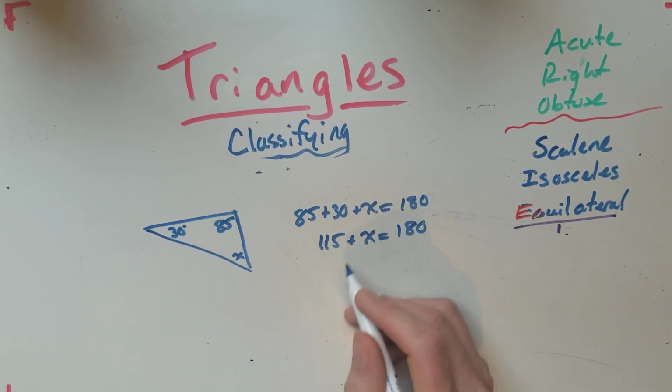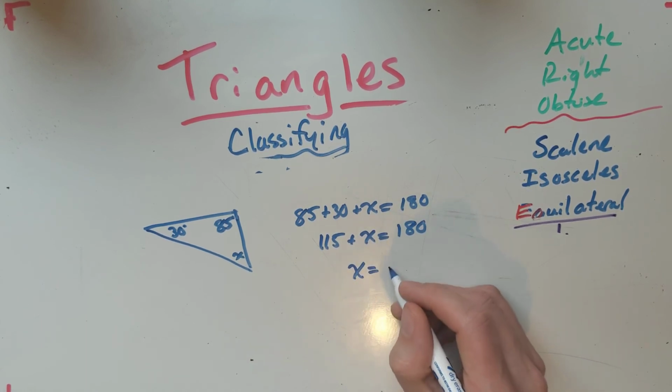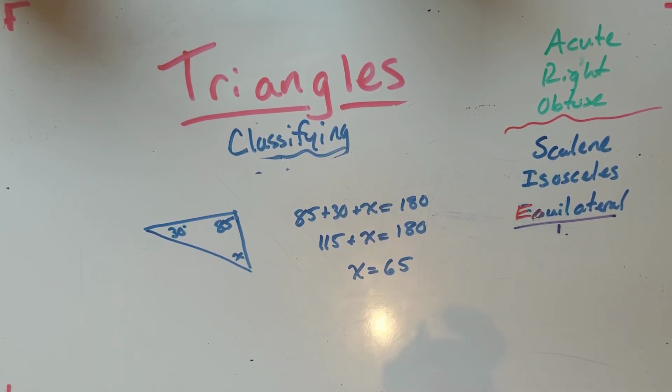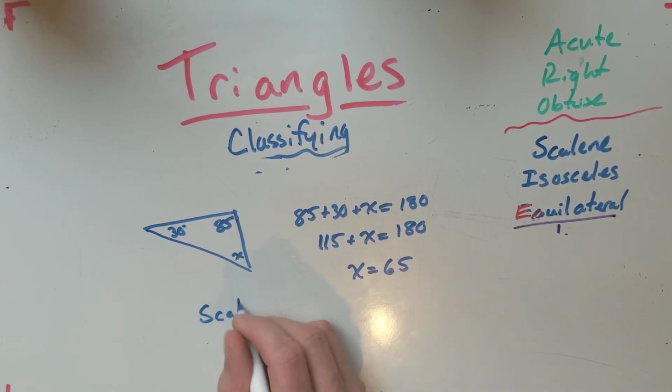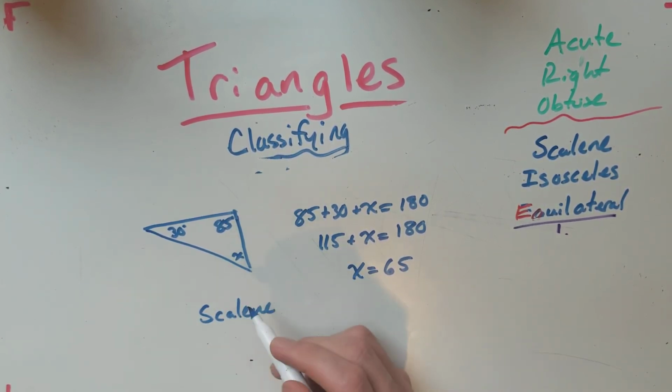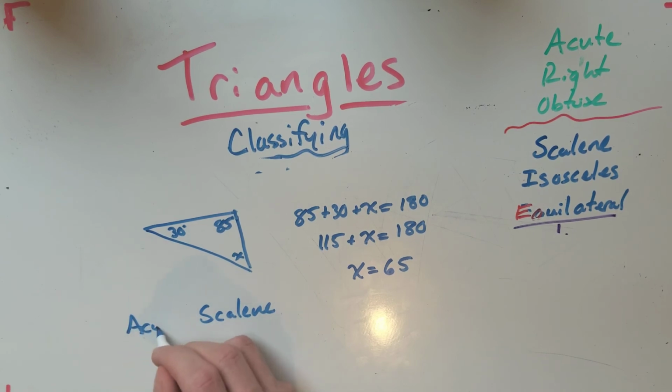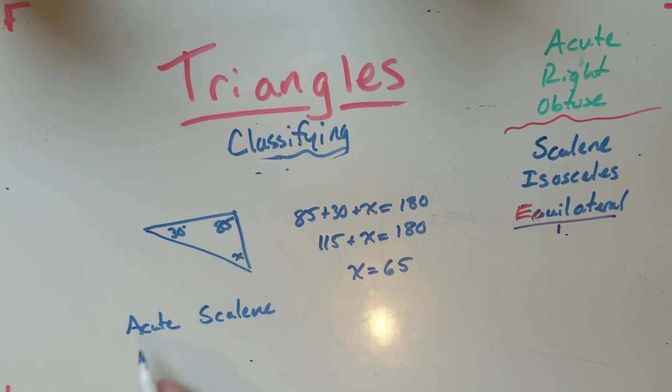And when you go ahead and do that, x should equal 65. So this would be an example. Well, all the measurements are different, so it's scalene again. And all the measurements are less than 90, so it is acute as well. So this is an acute scalene.